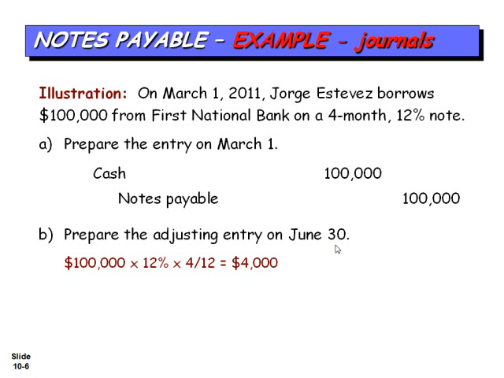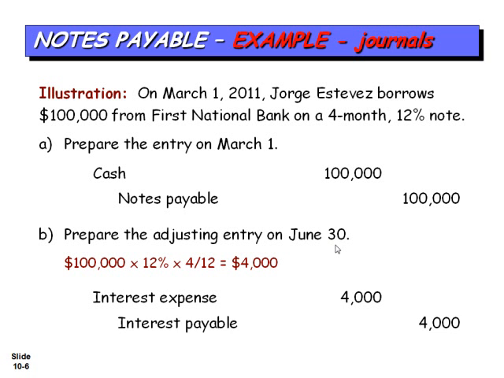So we're going to charge interest expense, $4,000. We have increased expenses, which is going to lower our profit, but we're not paying the interest yet, so we're going to credit the short-term liability, interest payable.